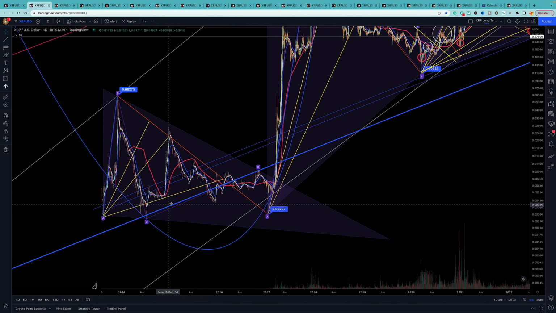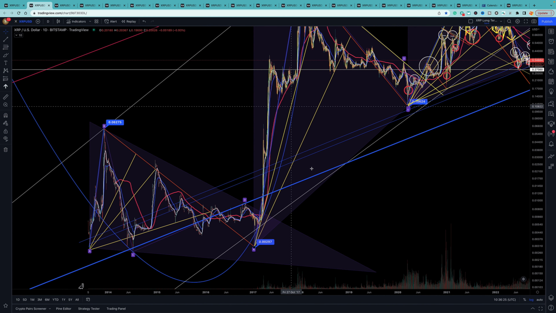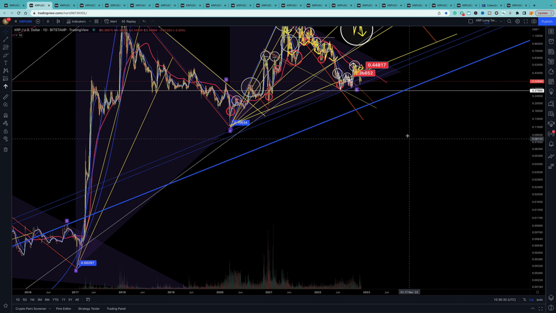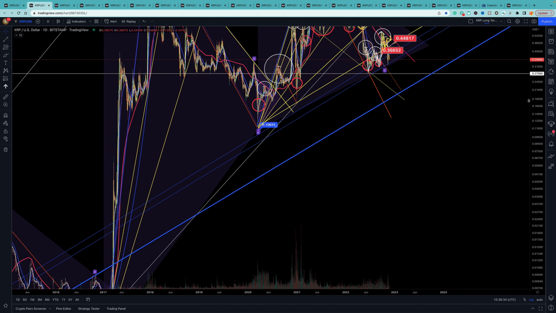This blue line touched it, came up here, and you can see it played as support and resistance here. A final push down. It bottomed out here, and then you see when it broke this blue line again, this is the breakout of the next bull run, of this bull run. So now here's this blue line again, and let's look at this blue line.